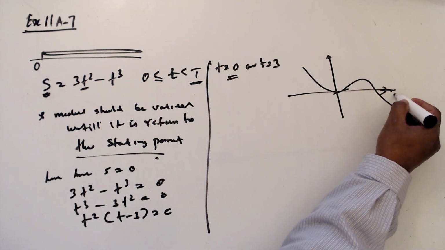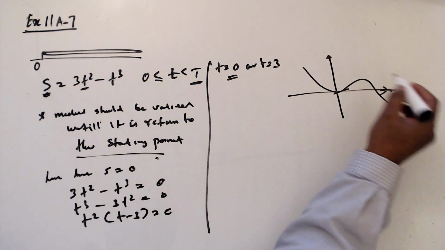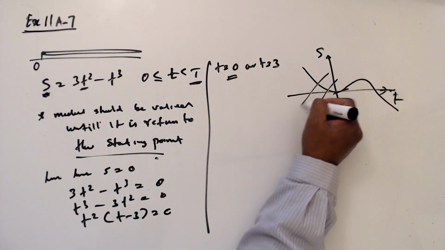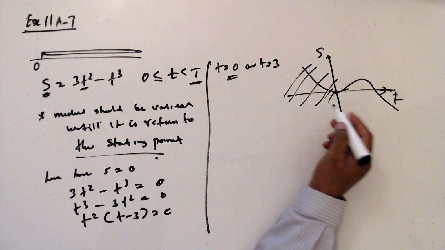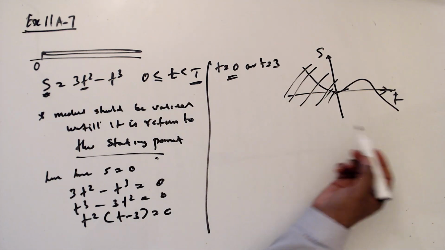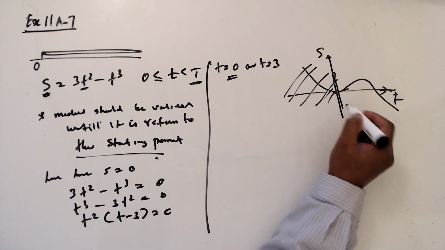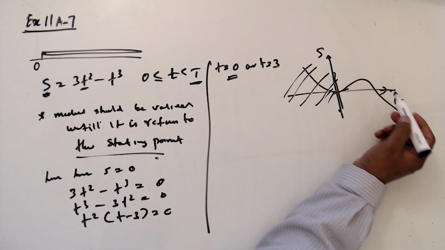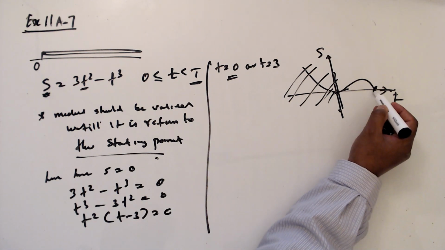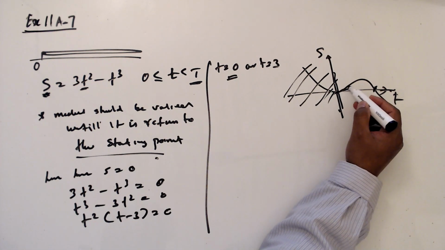So this is t and this is s, and negative t we don't consider because t has to be greater than 0. So this is the only other point, the only one occasion the point returns.